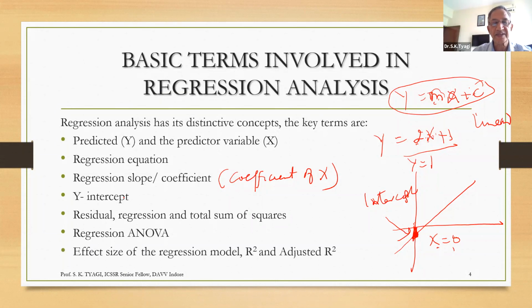And finally, the effect size of the regression model, which is R square and adjusted R square. We will understand this concept. The purpose of this particular session is to understand all these things. I have just enumerated these, so the entire session will be focused on these things.